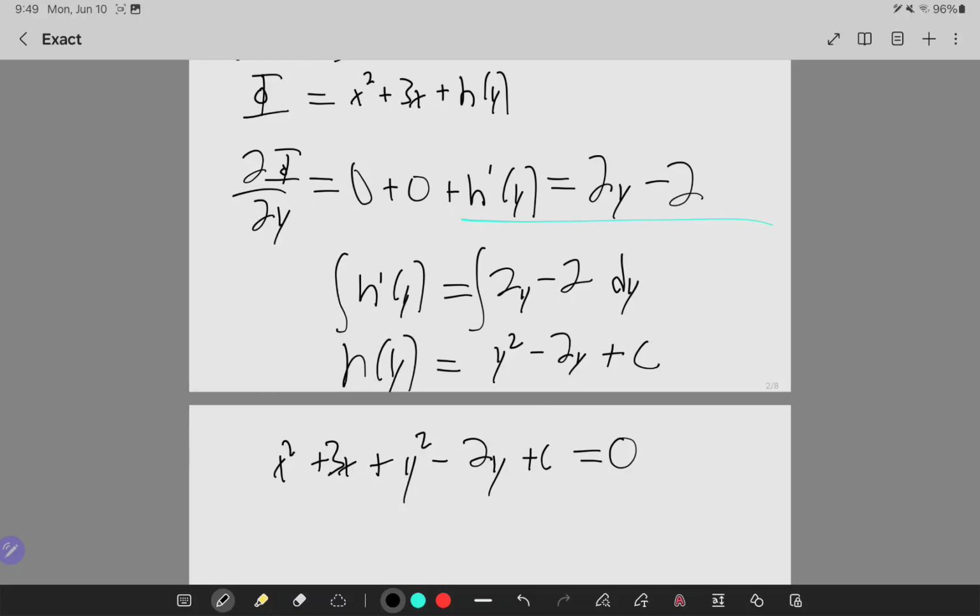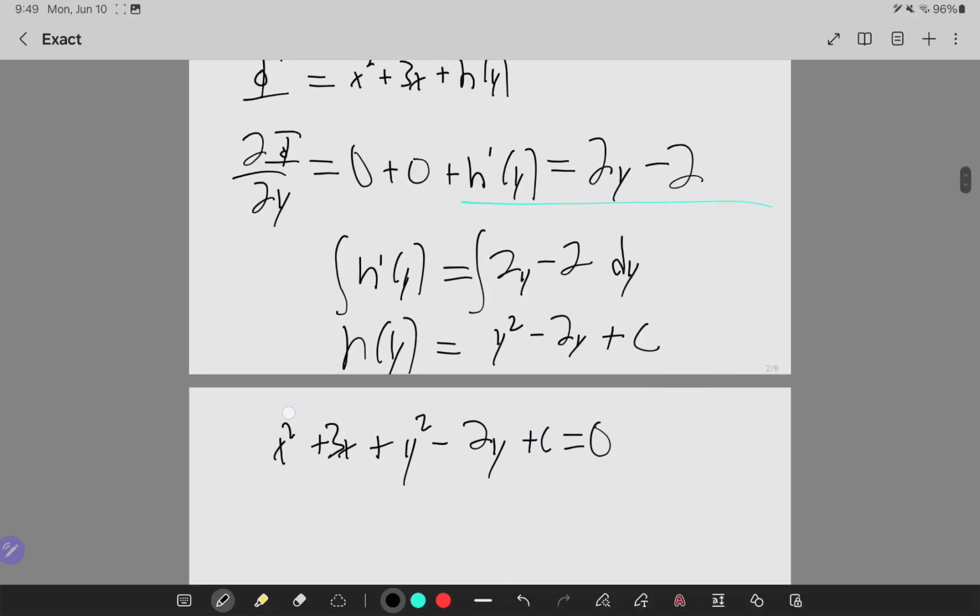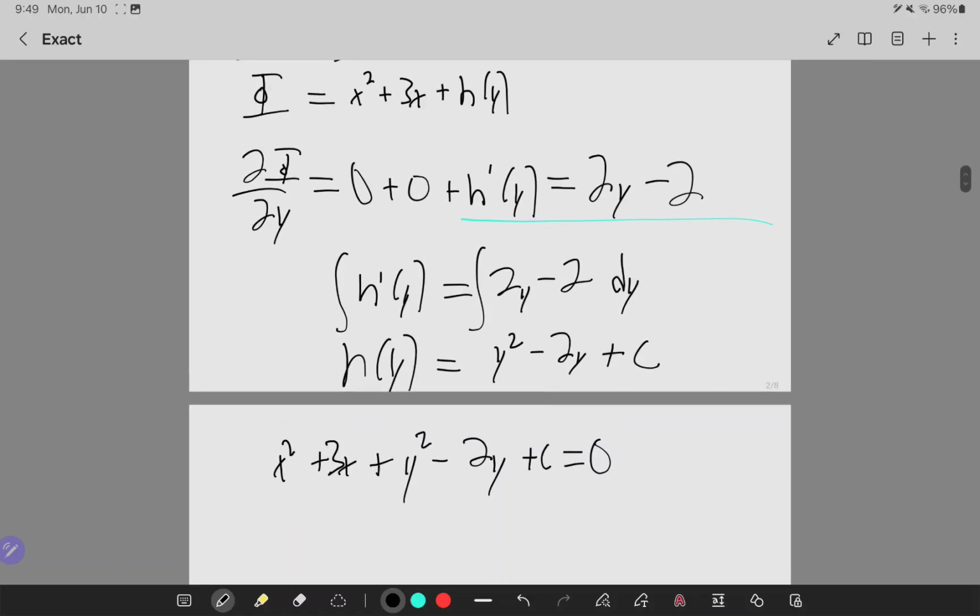In these equations, if you took Calc 3 before, you would have still had that phi there, and you set it equal to phi. But for these questions, we kind of disregard phi at this point, and we just set the right side of this equation up here equal to 0.